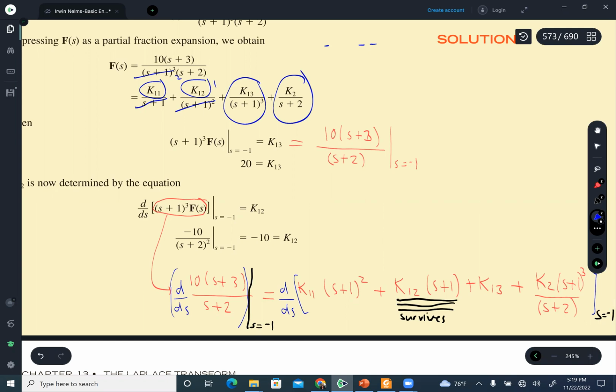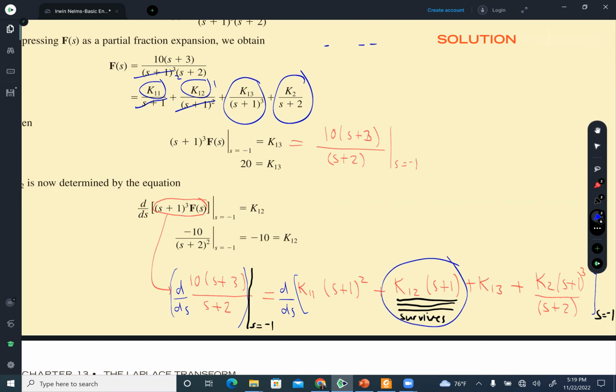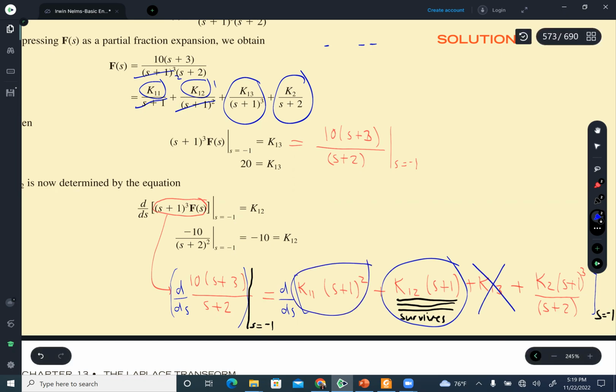And here, you're going to differentiate this guy with respect to s. That's just going to give you K12 when you take one derivative. This guy is going to totally disappear, right? When you differentiate this guy with respect to s, what are you going to get? You're going to get 2 times s plus 1, right? But later we're going to substitute s is equal to minus 1. So this guy is going to disappear.